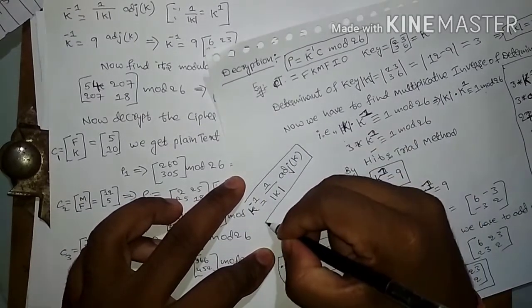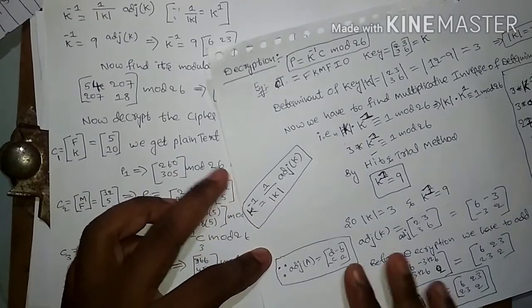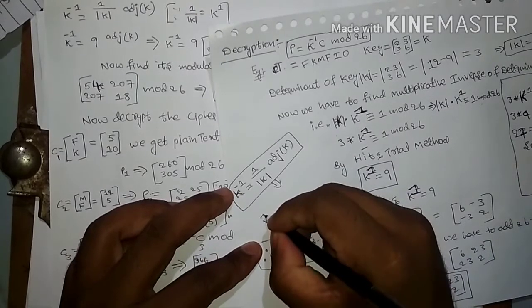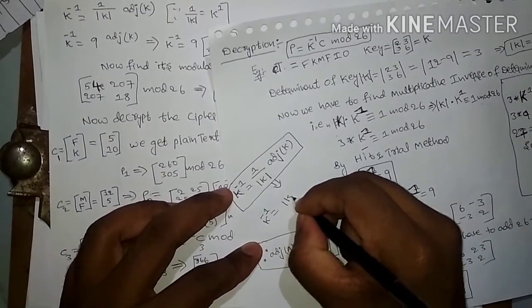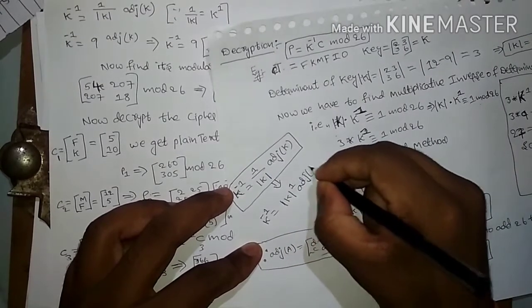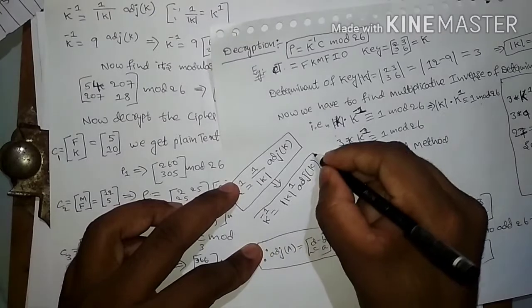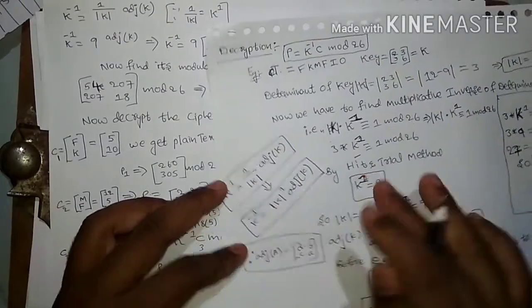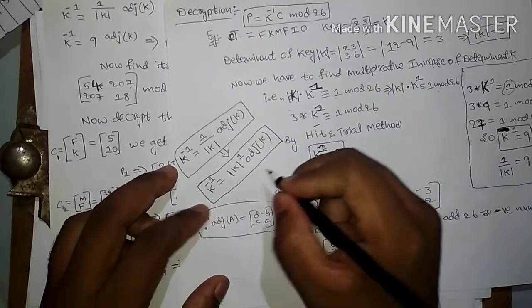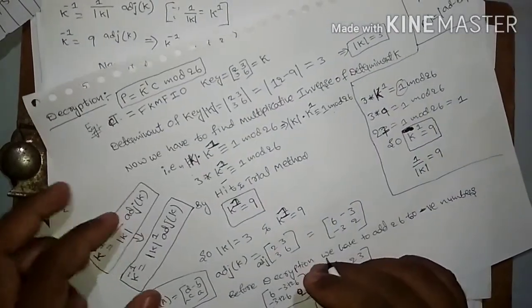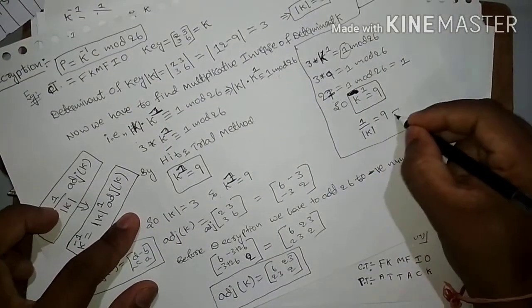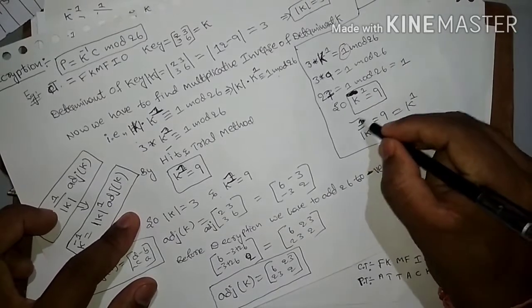This is the formula for k inverse. This will be written as k inverse equals k dash into adjoint of k, where 1 by det k equals k dash.